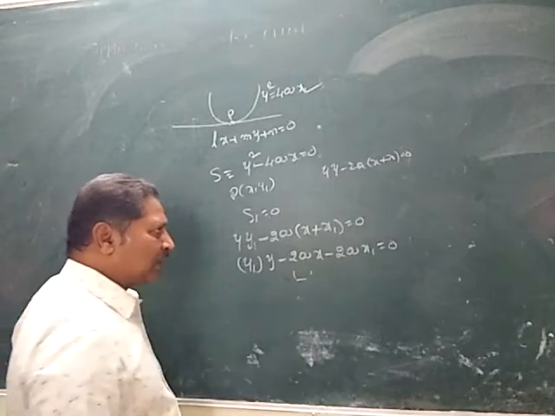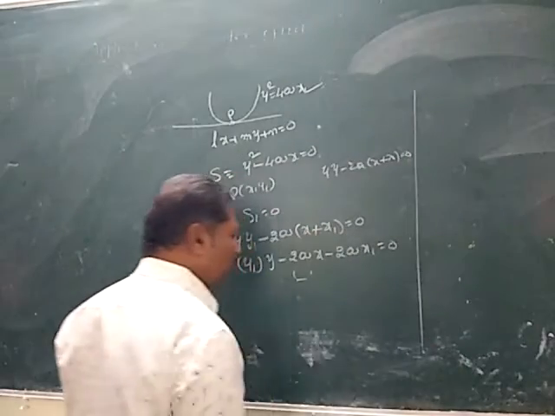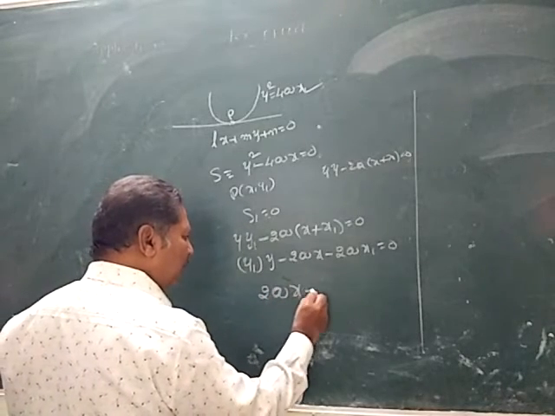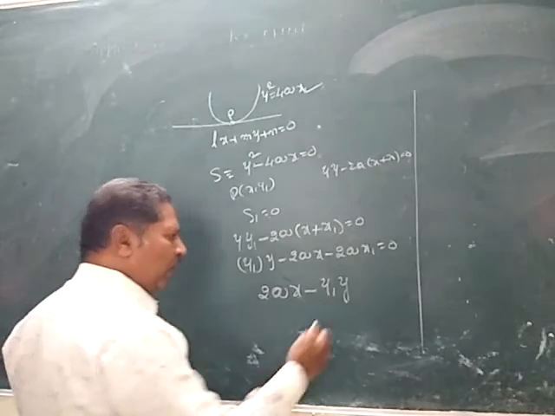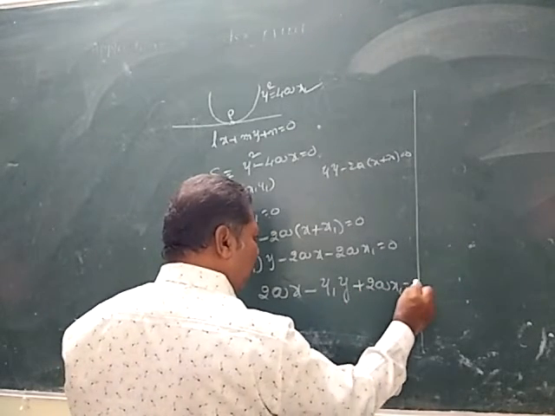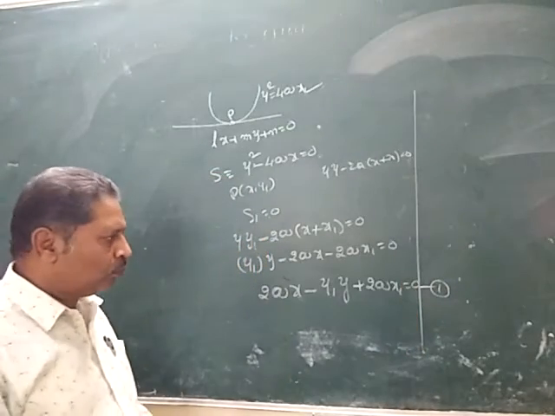Multiply with minus, we get 2a x minus y1 y plus 2a x1 equal to 0.